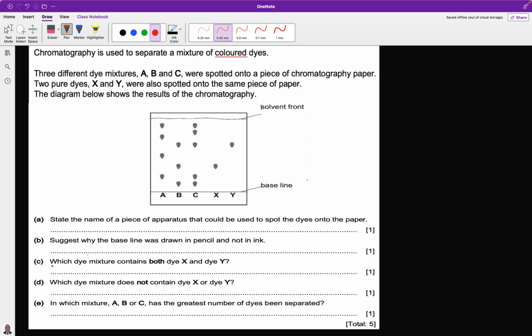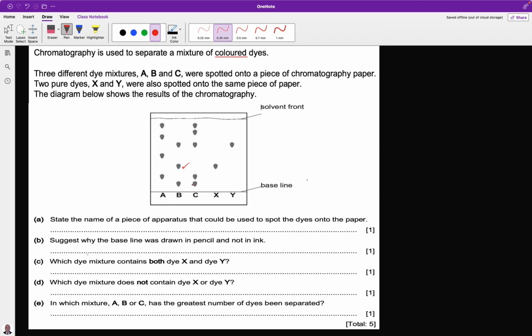Question C. Which dye mixture contains both dye X and dye Y? If you look at it, this is X, the spot here.